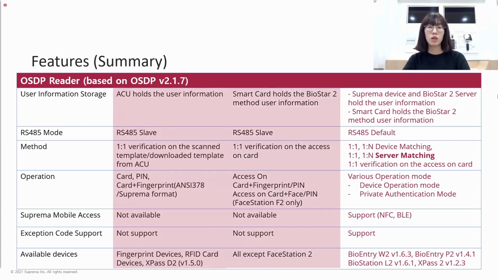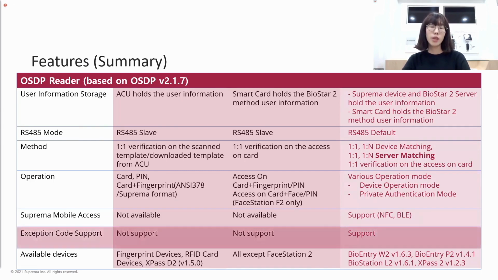For access on card only, the card number is transmitted to the access control panel when the device successfully authenticates the user information on the card memory. With intelligent slave, when authentication is successful in the device for the user information, which is stored in the device or server, the card number of the user is transmitted to the access control panel through OSDP.